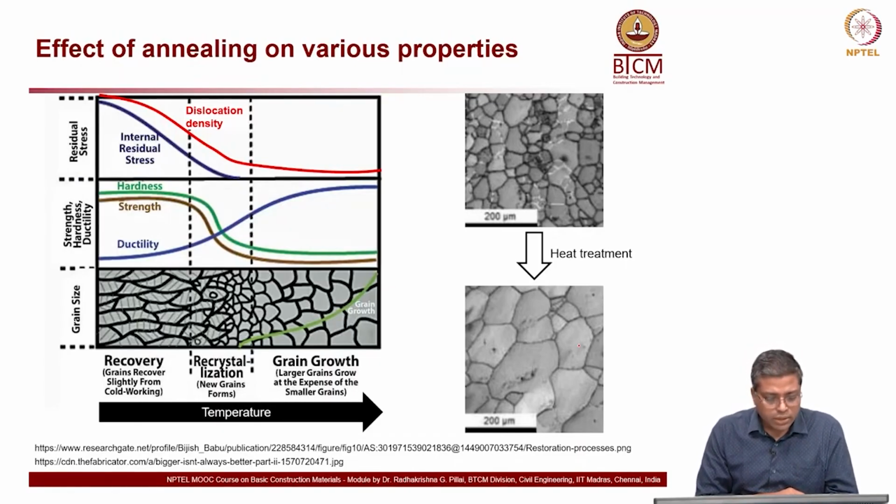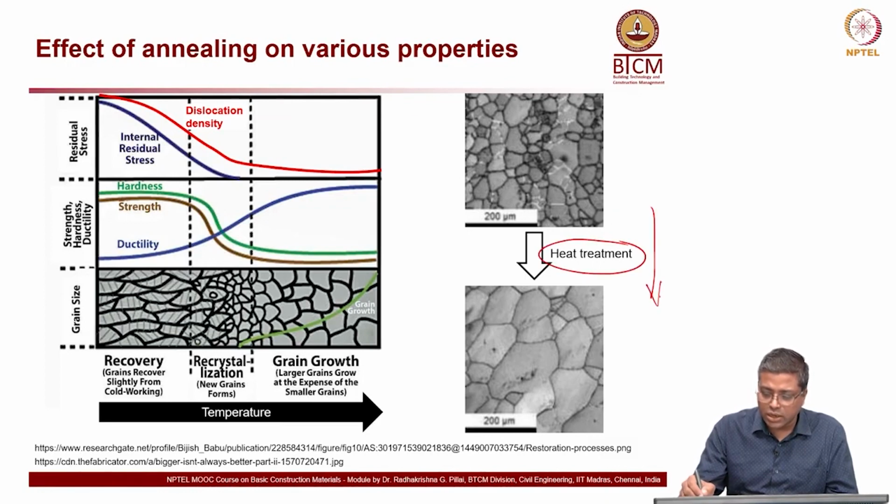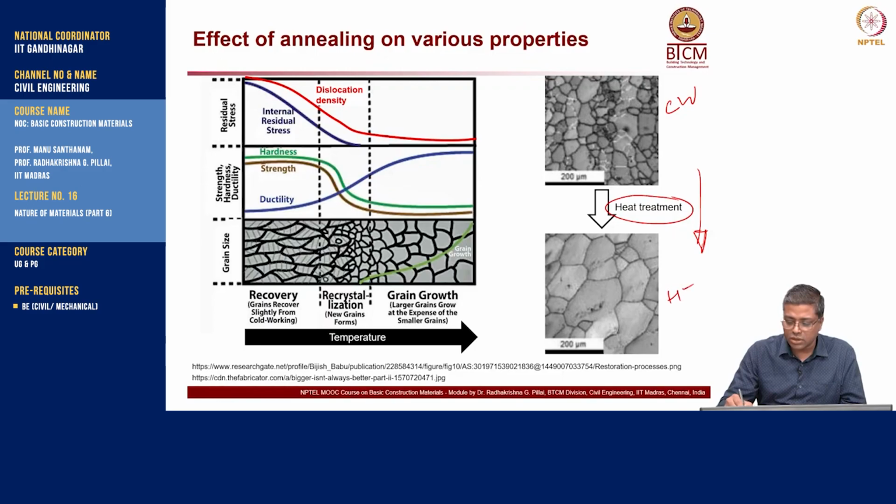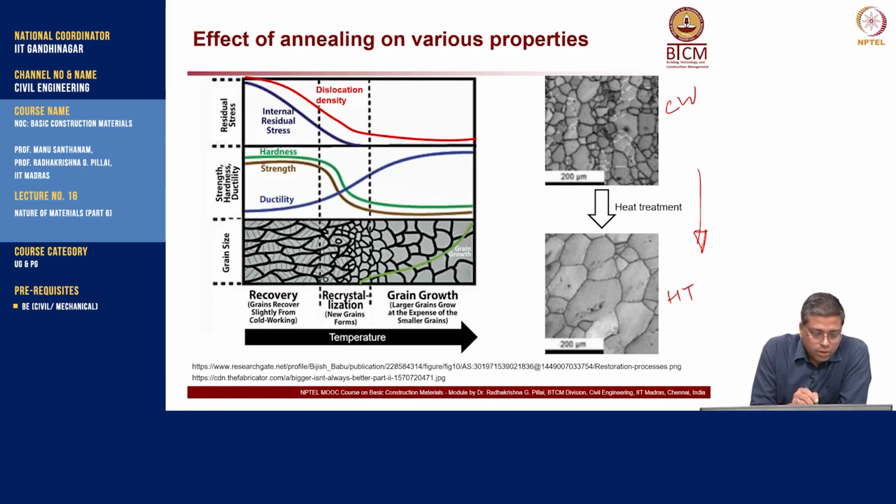Generally, heat treatment tends to increase the grain size from the cold work stage. So, this is the cold working stage, and then this is after the heat treatment. Now, look at the graph on the left side. You can see the increase in temperature.